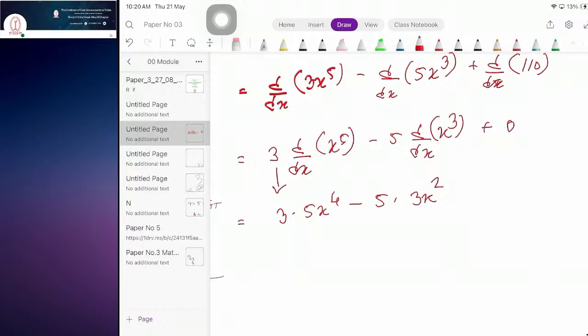We have to apply this, plus 0. So the answer comes out to be 15x raised to 4 minus 15x square. This is the first derivative of the function 3x raised to 5 minus 5x cube plus 110.